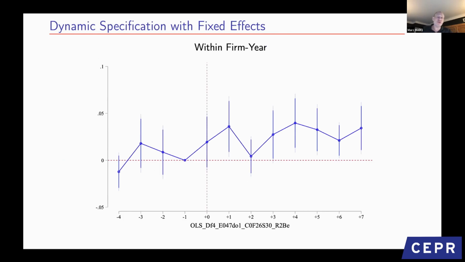And so here you see this baseline specification. So again, 0 here is the time of export market entry for this French firm. We can measure these pre-trends very much along the line of the intuition that I just mentioned before. Do we see the citations in destinations peak prior to the firm entering?